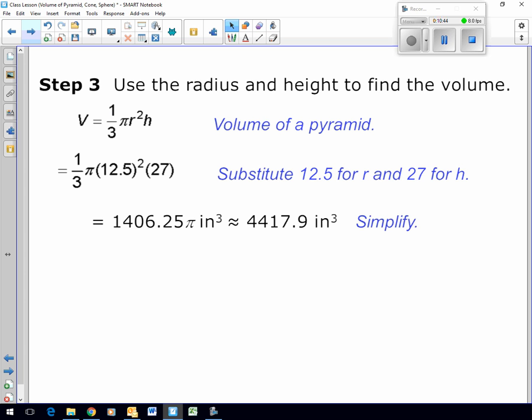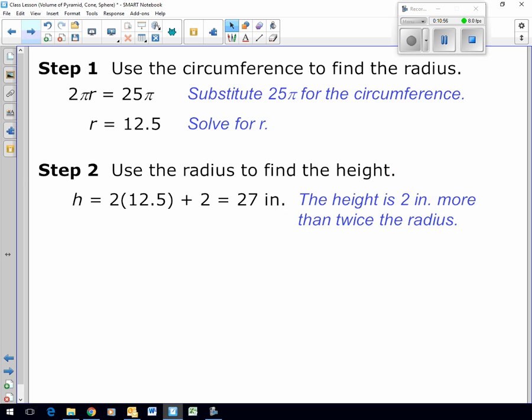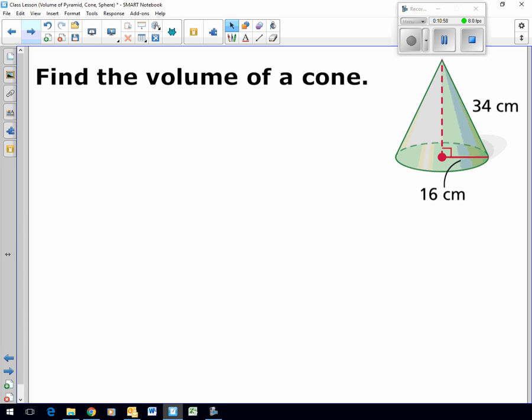How'd you get C equals pi times 2? We're on the left-hand side of your formula sheet. You got to be able to piece all that together, okay?